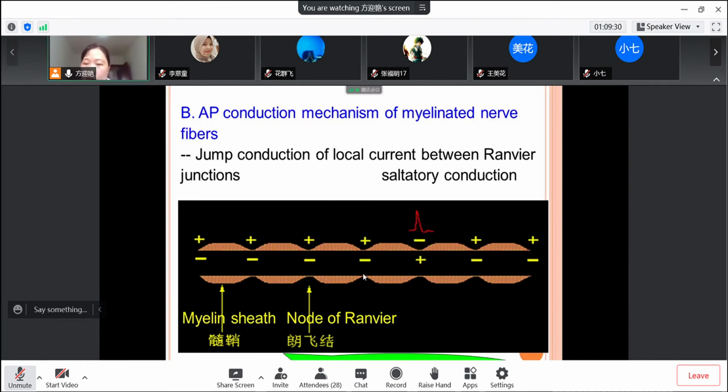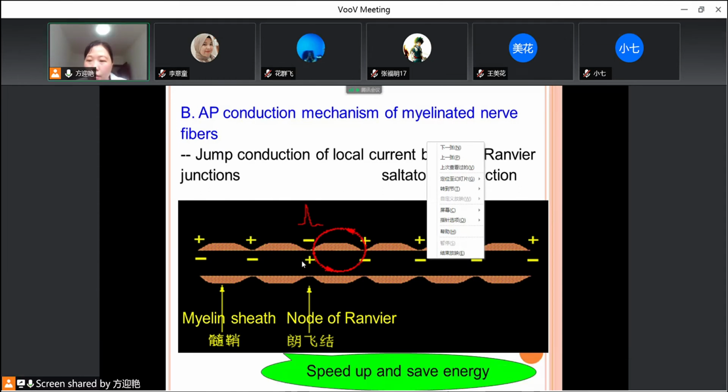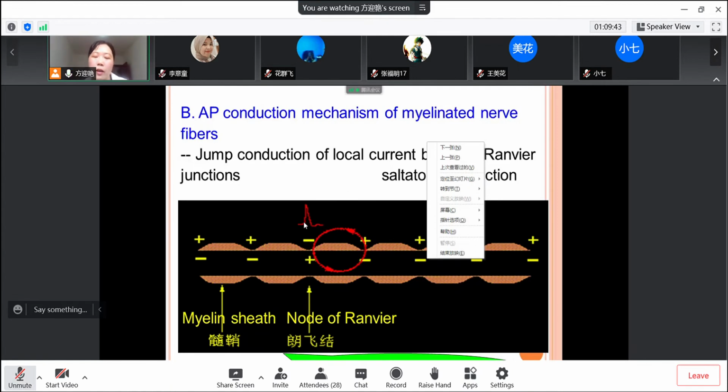Do you understand? Then we can see the local current. Because the action potential needs the cell membrane to change, and then we can see this action potential. Then the inside is positive and the outside is negative. And where it is not excited, the outside is positive.